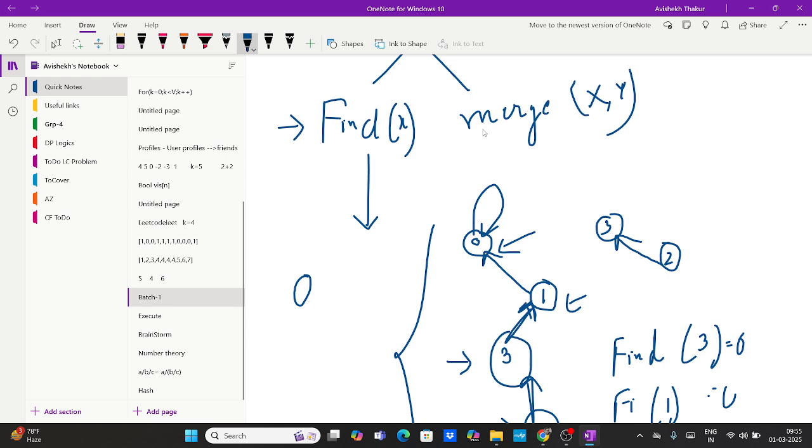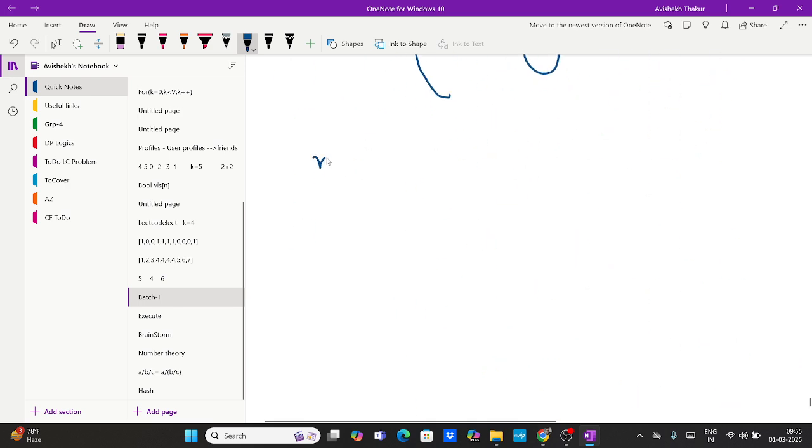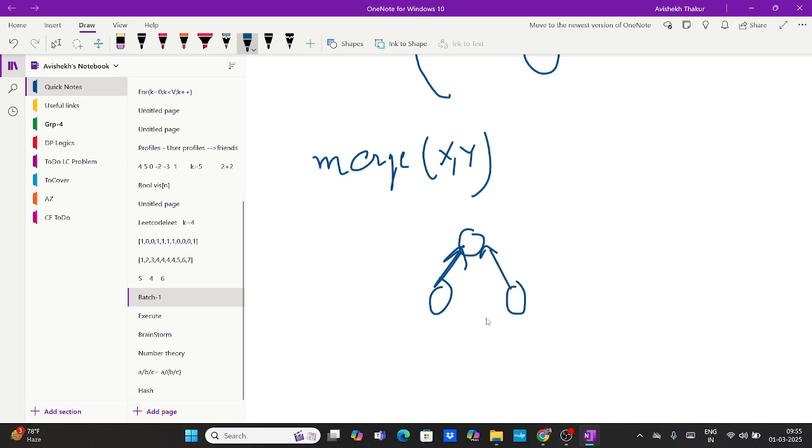Let's see what about merge, right? Merge of x comma y. As the name suggests, you have to take two nodes and join them. Let's say at some random instant we have two trees ready with us.